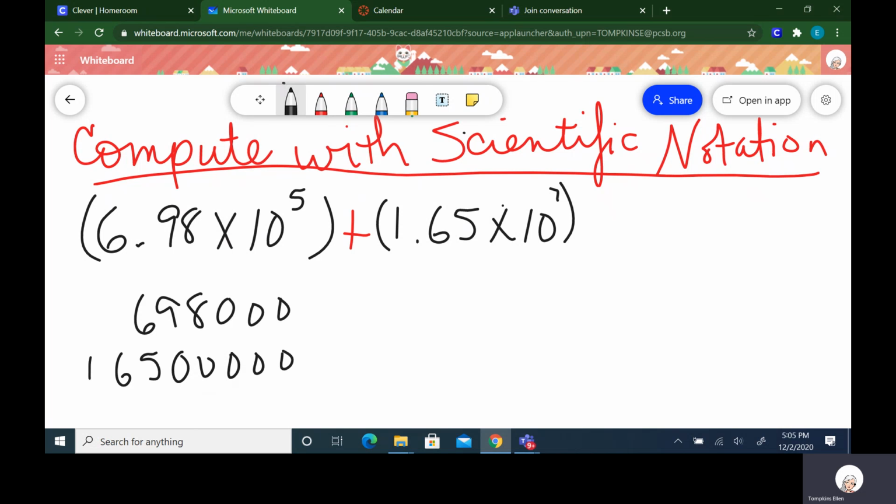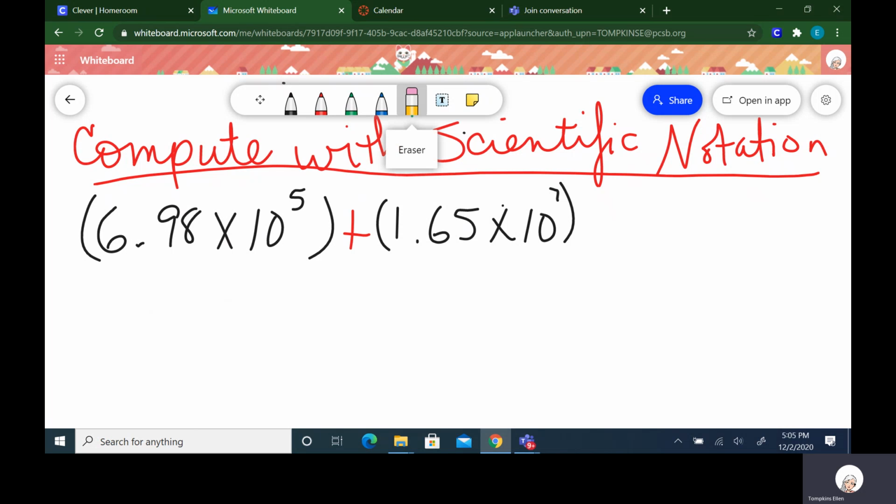All right, so we have to make that adjustment in the scientific notation, because you're not going to want to do that when you have the much larger exponents. So let's look at this. It doesn't matter which one you move, but you're going to take one of these exponents and make it match the other.